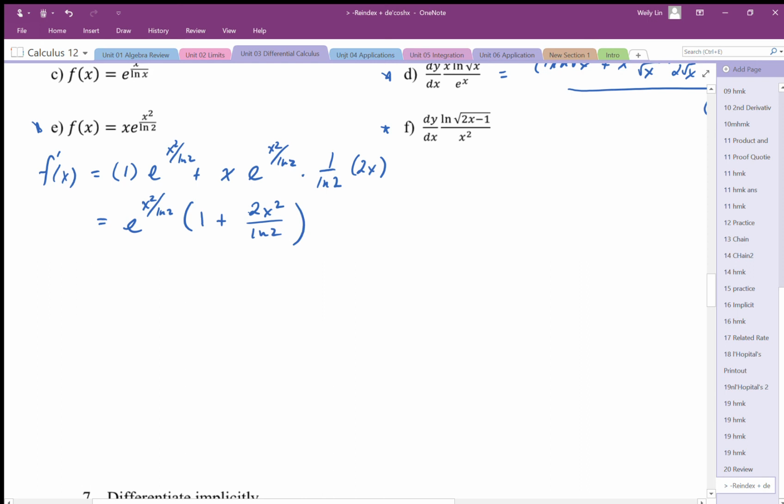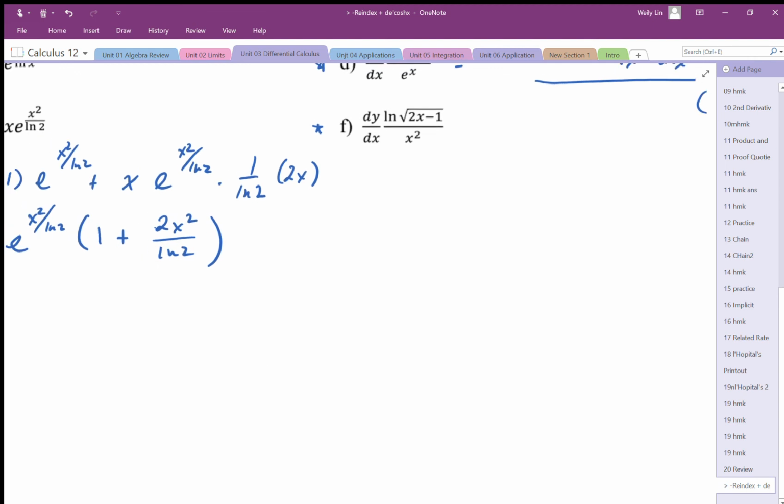For f here, again, we're going to use the quotient rule, and it's an embedded function, so we're going to use chain rule. Actually, you know what I'm going to do before this? This is what I should have done in the previous one. We're going to do d by dx of 1/2 log 2x minus 1, all over x squared.